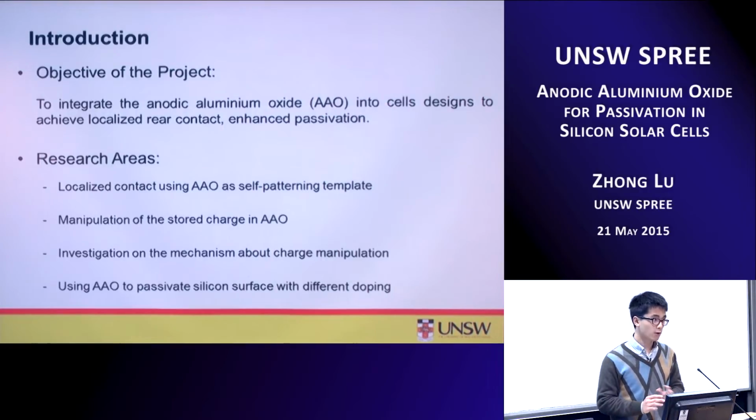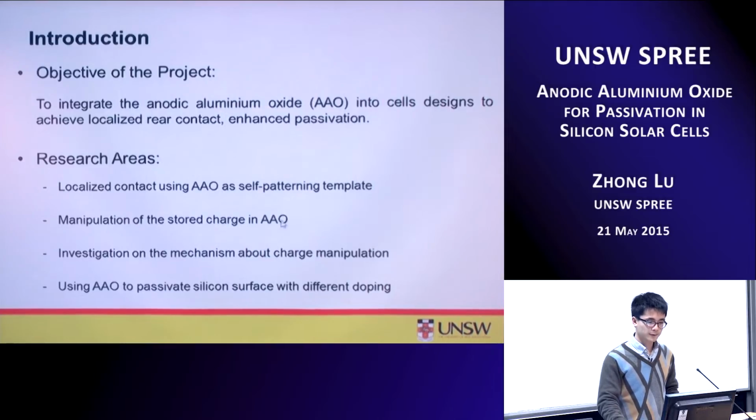So I started off with some investigation on how to achieve the localized contact, using the AO as a self-patterned template, and we managed to achieve a good localized contact with low contact resistance, but we also came across some issues, and that brought us to my next research area, where I'm looking at the possibility of manipulating the stored charge in AO.